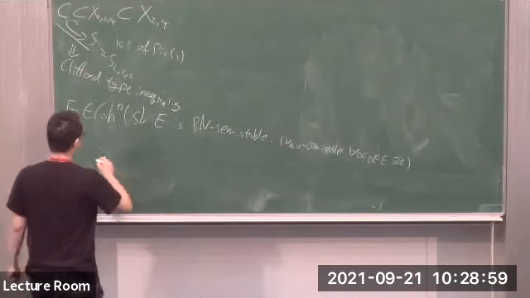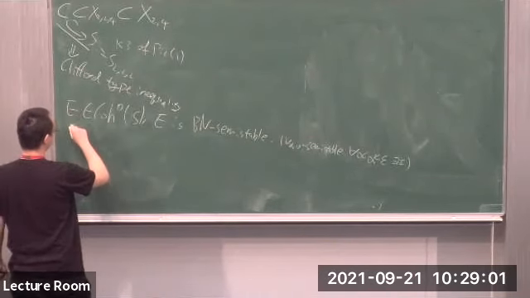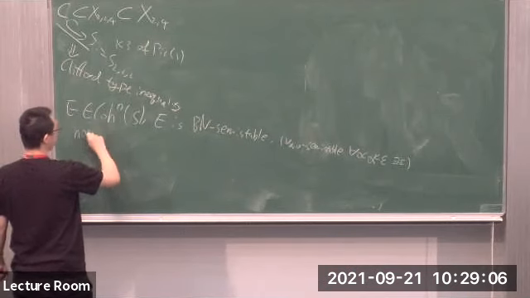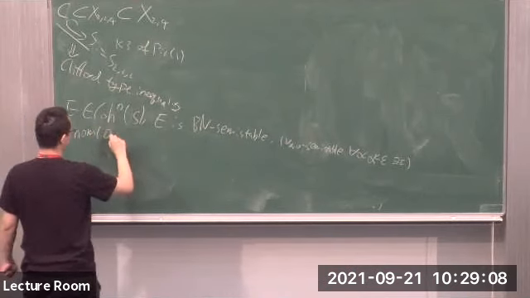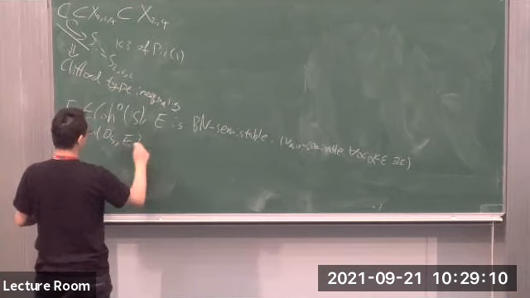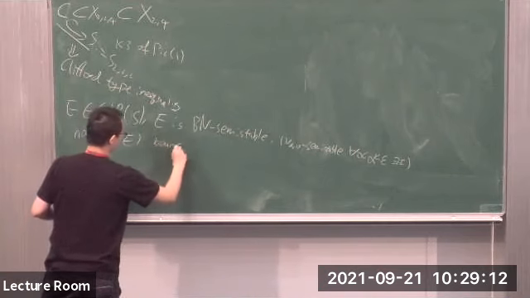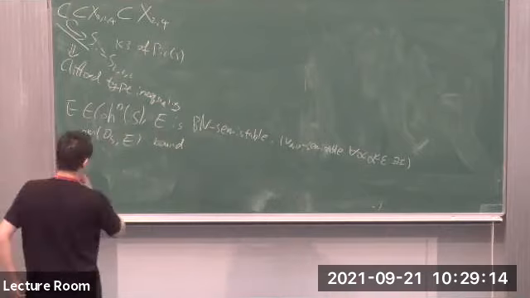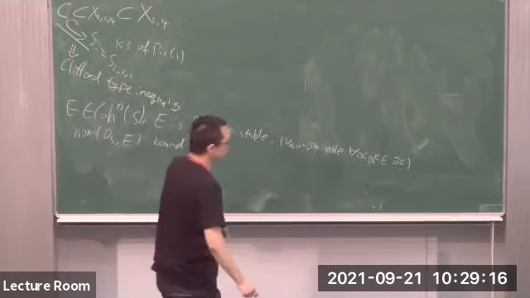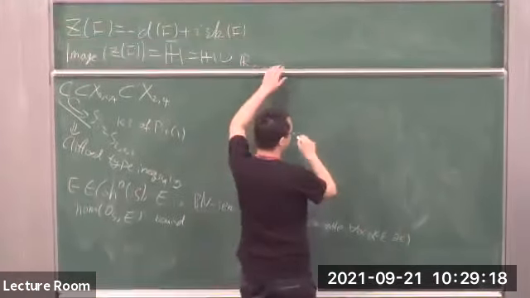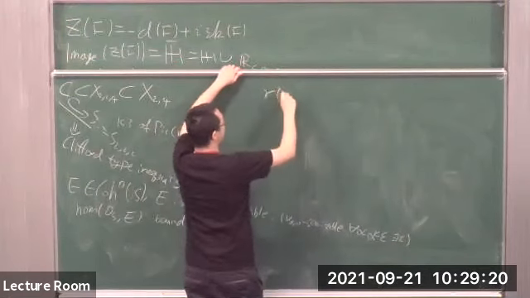Then what we want to do is bound the global sections of this object. To bound this one, we use a gamma curve, which is written as follows.